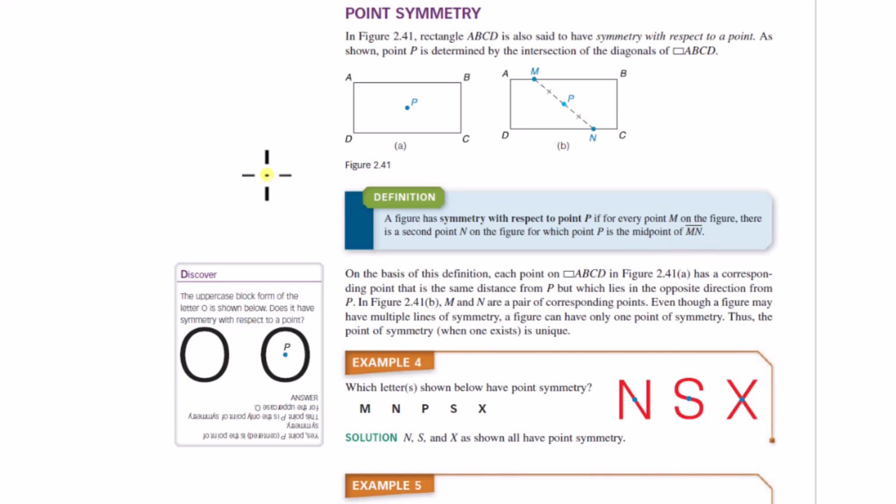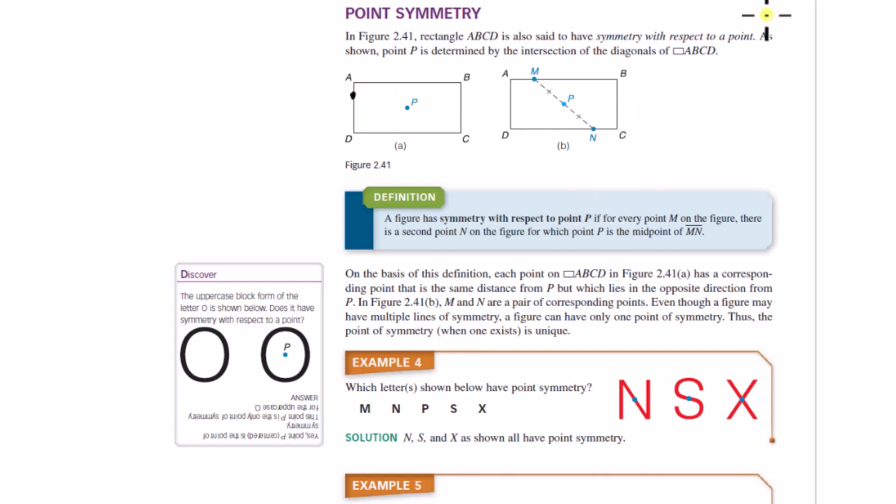Okay, so in this case, there's no perpendicularity associated with point symmetry. This actually is a little bit simpler than line symmetry. It's just that you pick any point on the figure, any point.